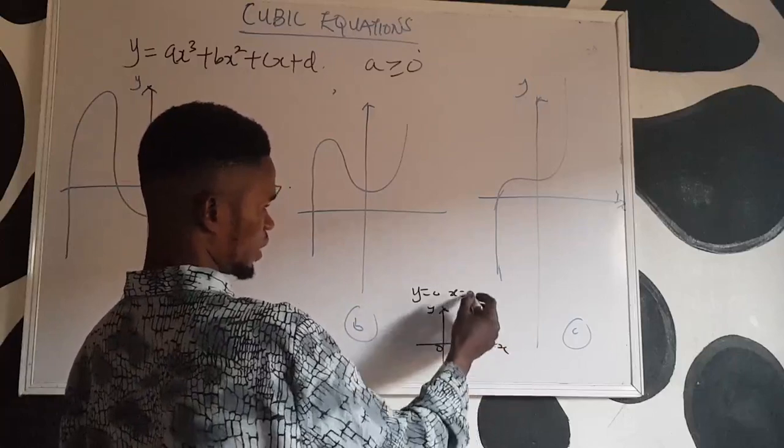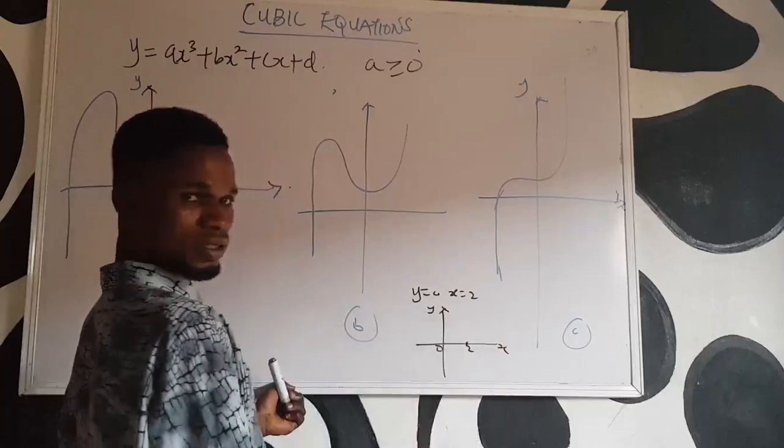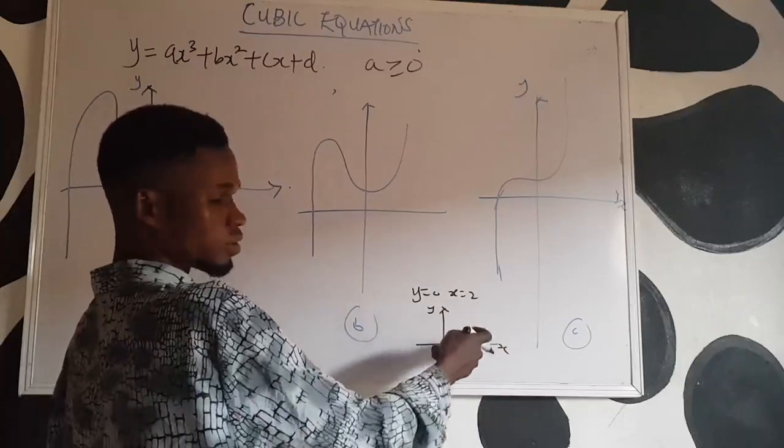This is the origin. When x is equal to 2, this is the point. It touches the point where y equals 0.